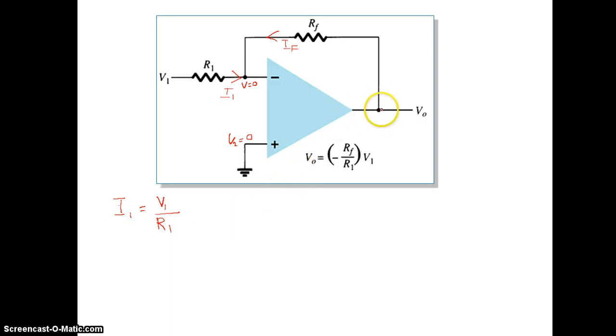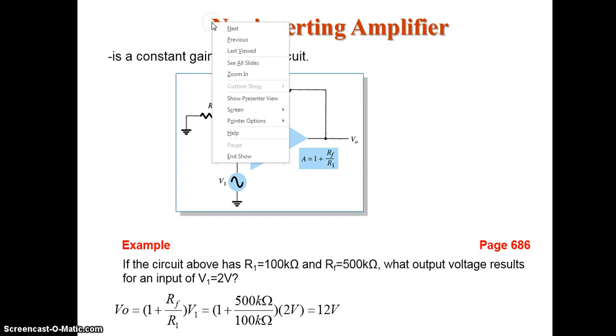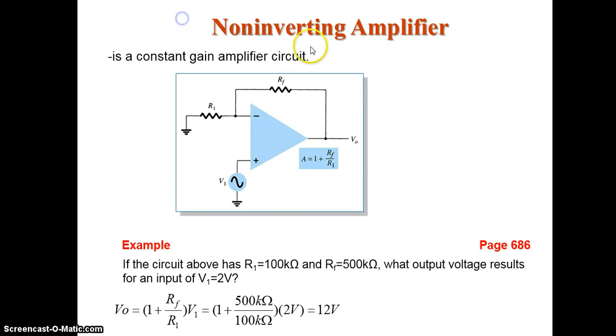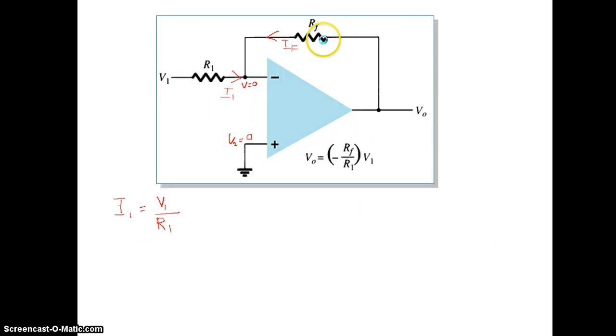Now see here, this is your output voltage, and the current through this resistance. There is a feedback resistance connected from the output back to the input. So the current through this resistor is given as IF.